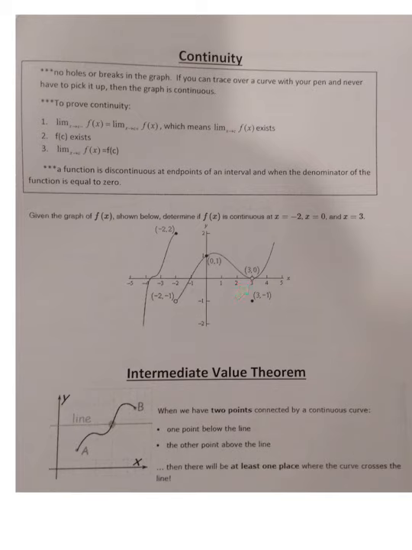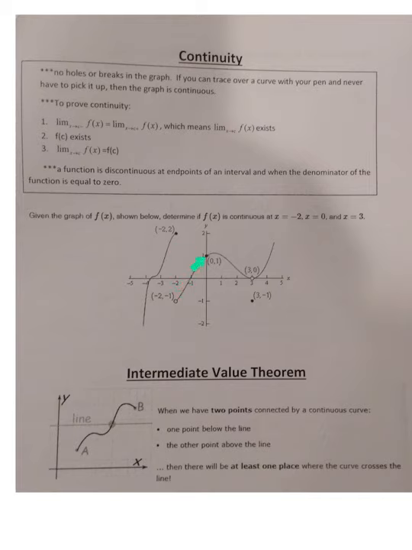Now let's read the second sentence. It says, if you can trace over a curve with your pen and never have to pick it up, then the graph is continuous. So let's say I asked you, is this graph right here continuous between x equals -1 and x equals +2? So what if I only focus right in between this domain between -1 and 2?